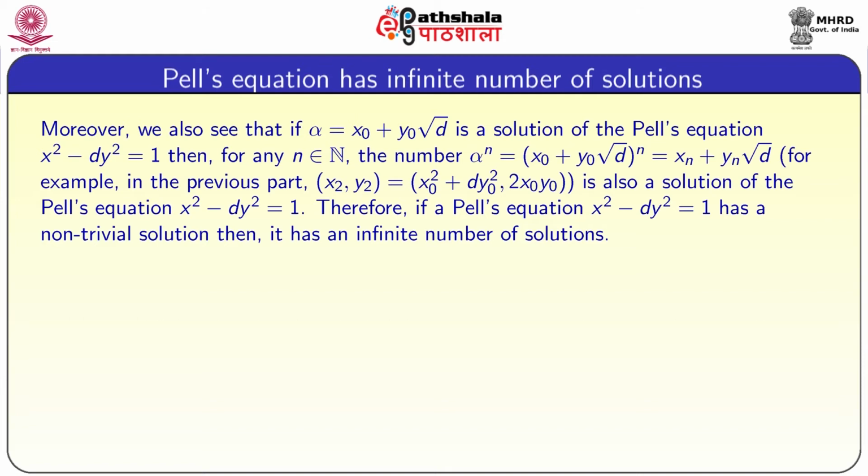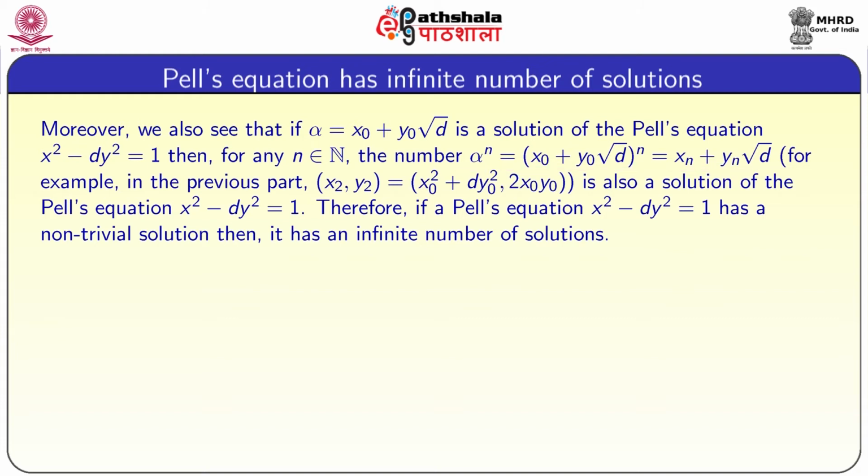Moreover, we also see that if alpha is equal to x naught plus y naught root d is a solution of Pell's equation x square minus dy square equal to 1, then for any n belongs to N, the number alpha power n is equal to (x naught plus y naught root d) power n, which we call x n plus y n root d.